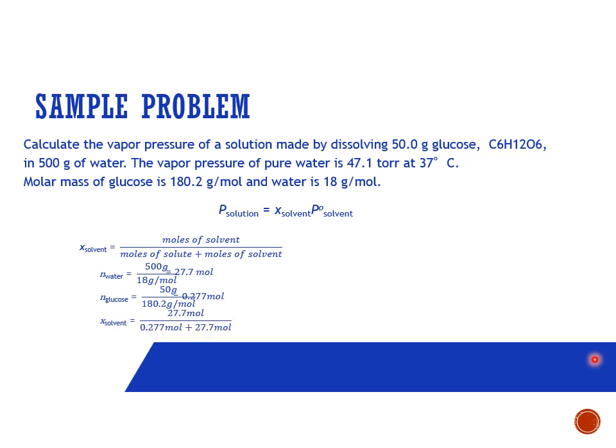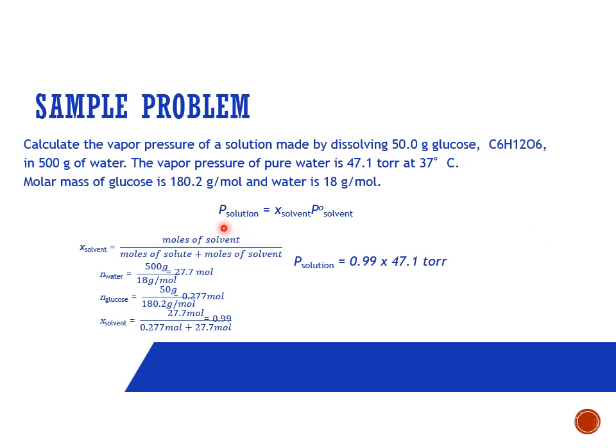So, compute the mole fraction. So, moles of solvent divided by the moles of all the components would give you 0.99. So we can now compute the vapor pressure of the whole solution.